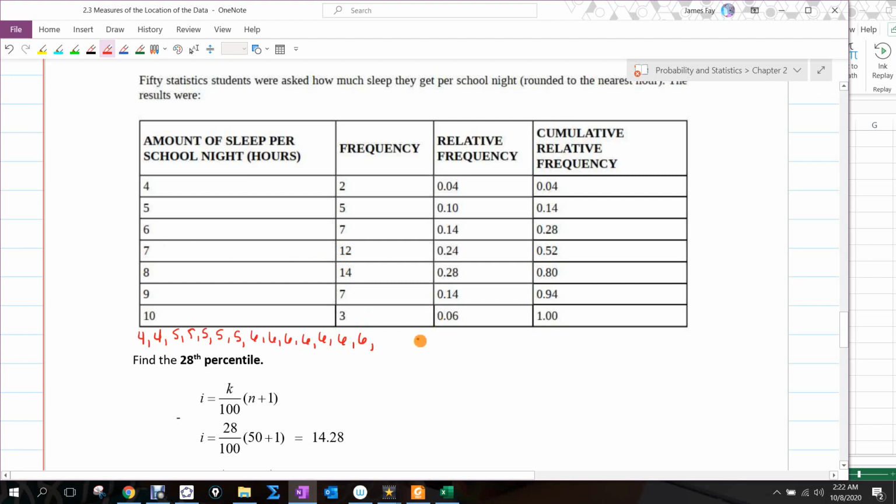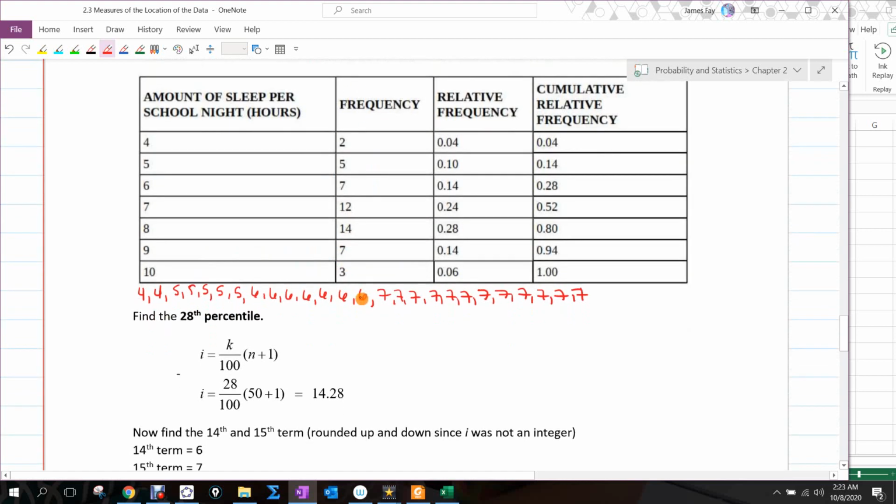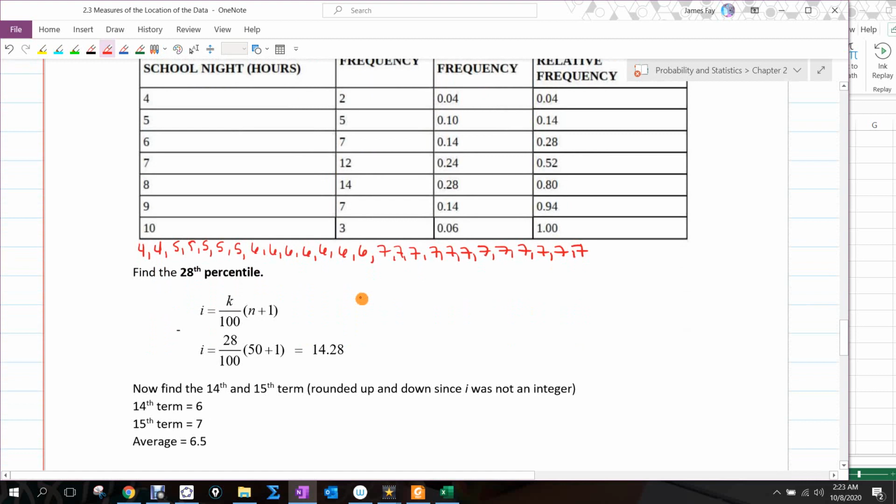We got 12 7s: 1, 2, 3, up to 12. I'm not going any further, but then you would have 14 8s, 7 9s, 3 10s. They just structured it into a frequency table so we at least have the data better organized.